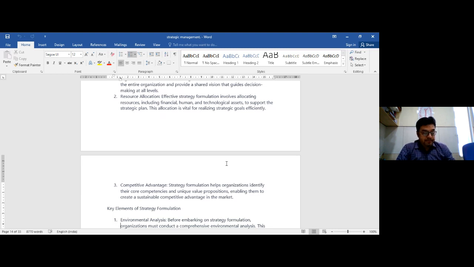If a corporation does not have a distinctive competency, the functional area should be a candidate for outsourcing. The sourcing decision is ultimately where the functions should be housed.